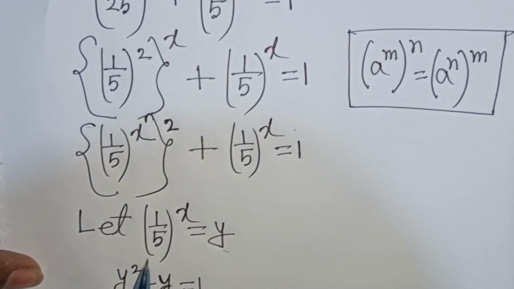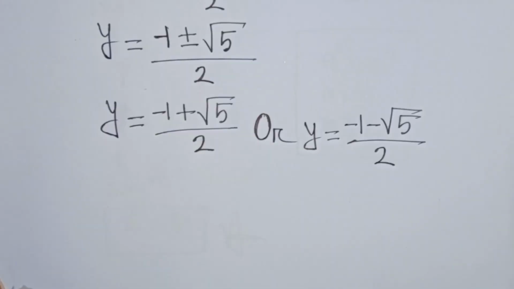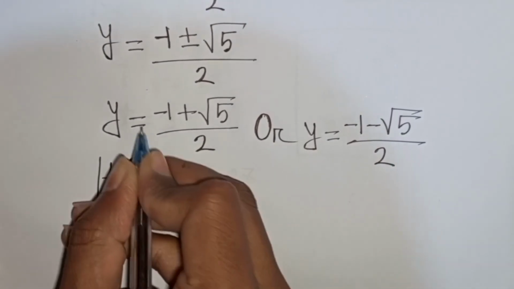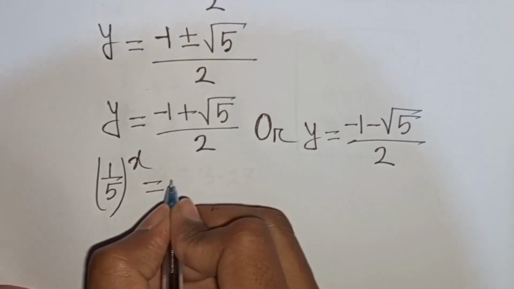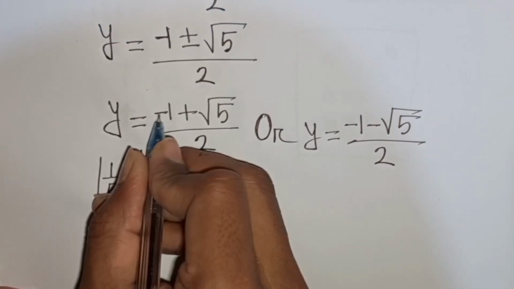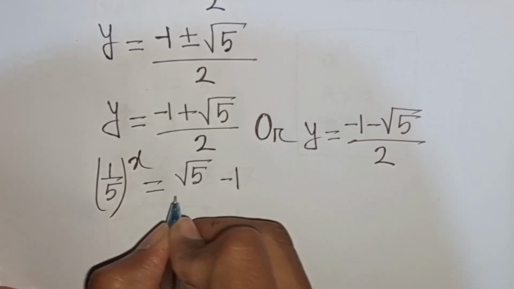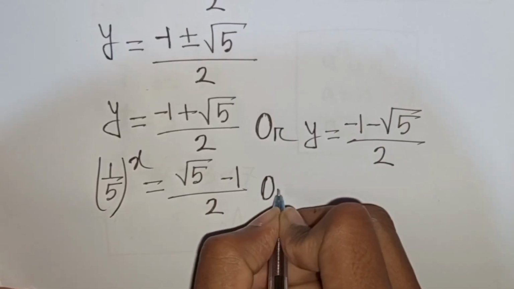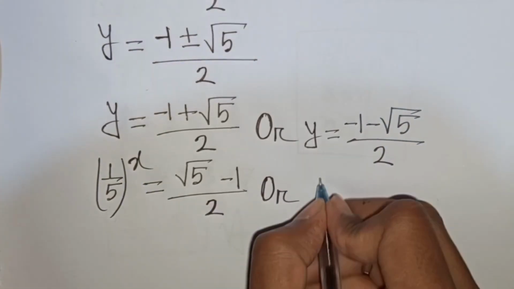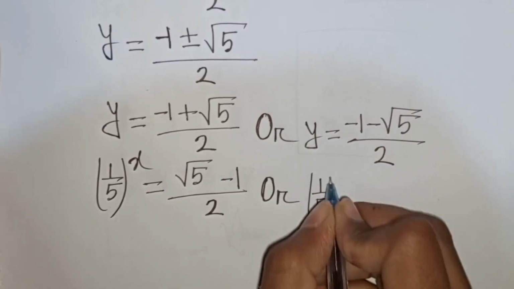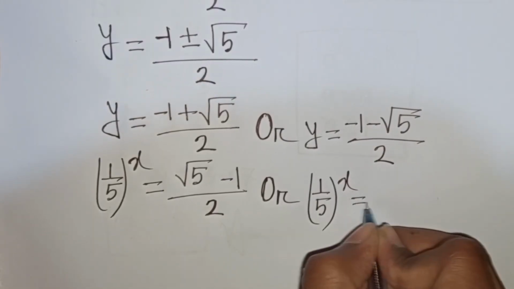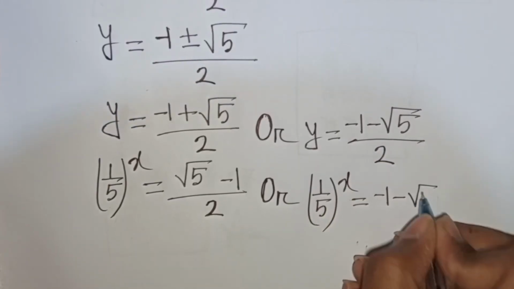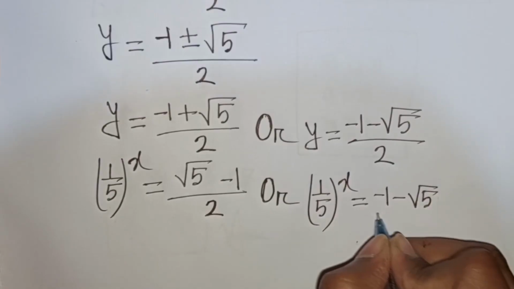So 1 by 5 bracket power x is equal to plus a square root of 5, that means a square root of 5 minus 1 divided by 2, or 1 by 5 bracket power x is equal to minus 1 minus a square root of 5 divided by 2.